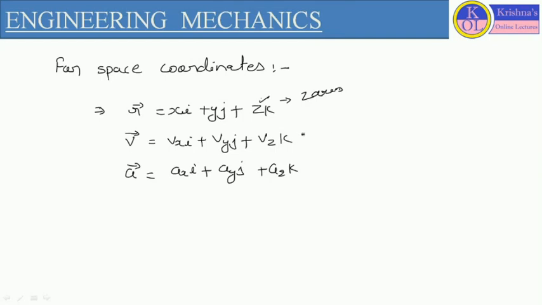Similarly, vz defines the velocity of the particle with respect to the z-axis, and az defines the acceleration of the particle with respect to the third axis, that is the z-axis. So this is about the space coordinates. With the help of these equations, we can define the position vector, velocity vector, and acceleration vector.